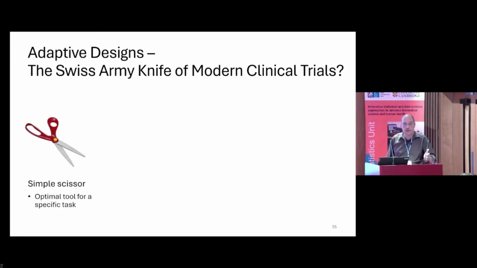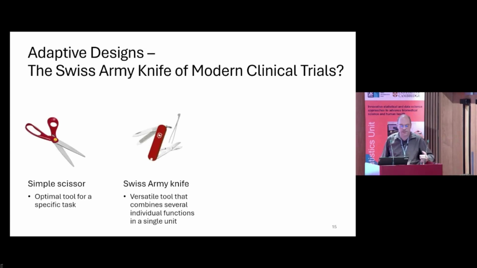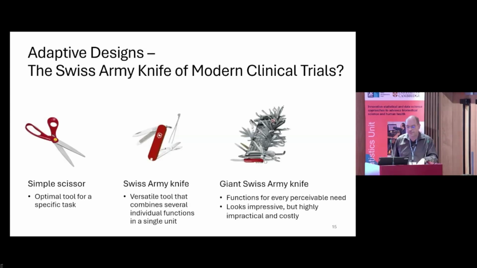Now, of course, sometimes I would like to have some flexibility, and that's where my beloved Swiss Army knife comes in. It's a versatile tool that combines several individual functions in a single unit. Great to have it. I can still cut a piece of paper, and probably reasonably well, so that's good. Now, believe it or not, there's something called a giant Swiss Army knife.